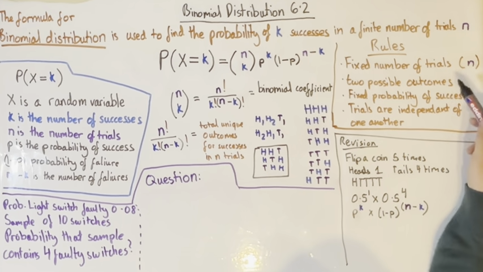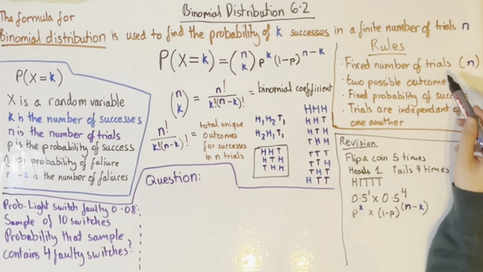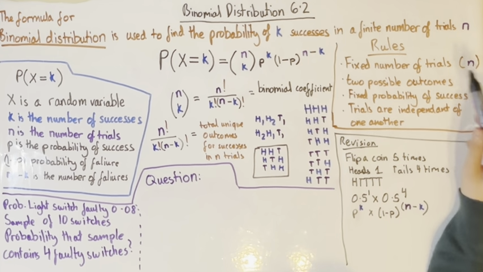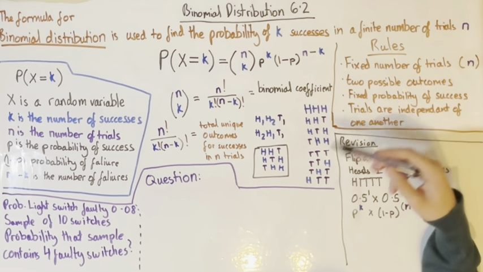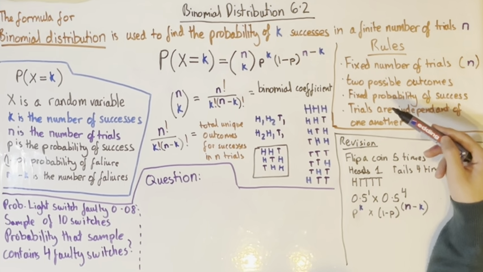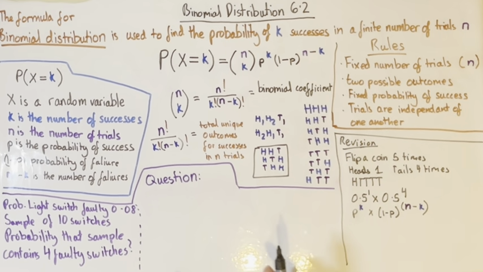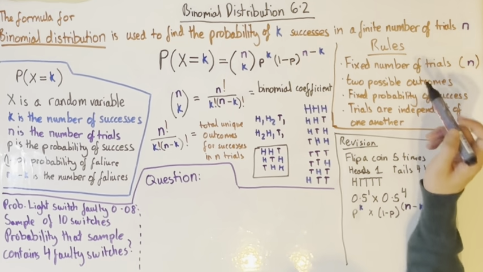The first rule: there have to be a fixed number of trials. So if I'm flipping a coin, I have to flip the coin 6 times. It can't be that I'm doing it forever and ever, or I don't specify the number of trials. It has to be a specified number of trials, or a finite number of trials at the very least.